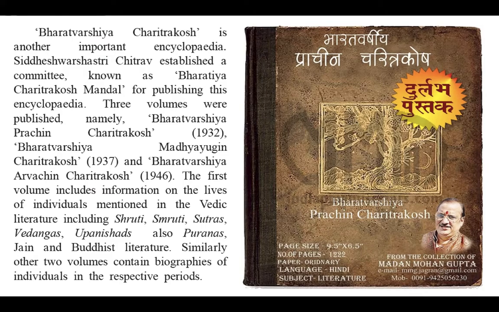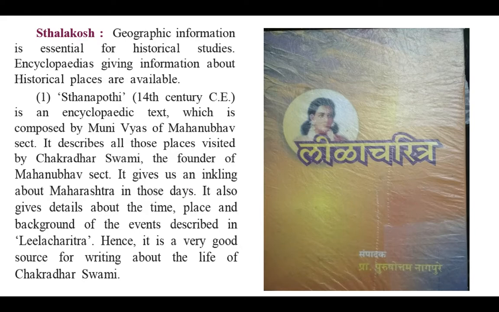Alright, so the first volume includes information on the lives of individuals mentioned in the Vedic literature, including Shruti, Smruti, Sutras, Vedangas, Upanishads, also Puranas, Jain and Buddhist literature. So famous people that people need more information about have been put into these encyclopedias. Similarly, the other 2 volumes contain biographies of people in the specific periods.